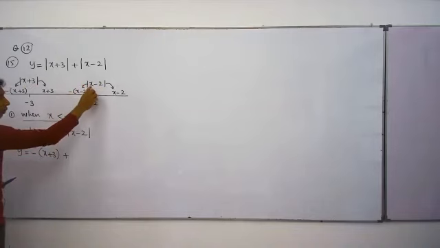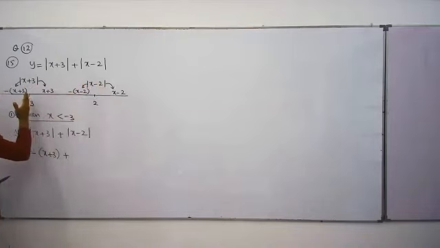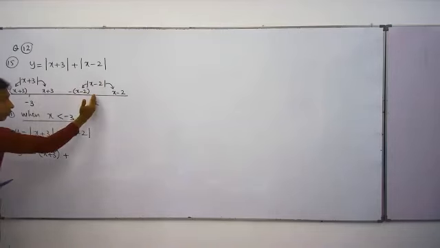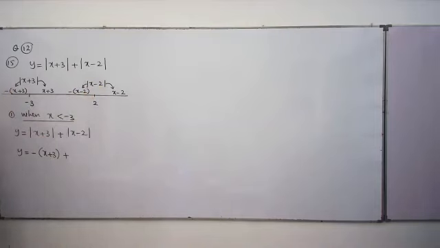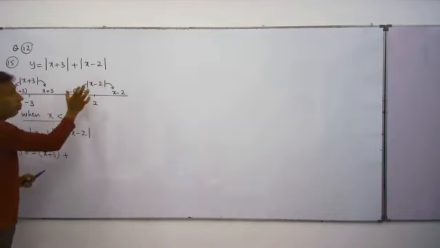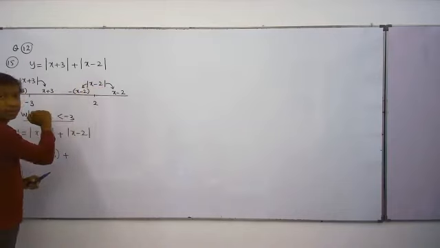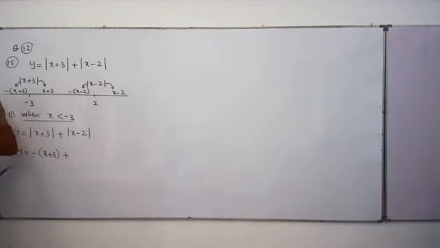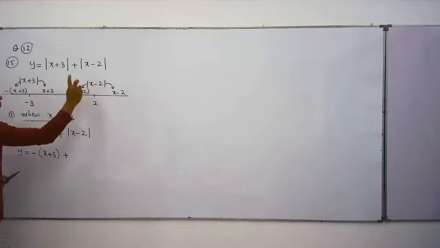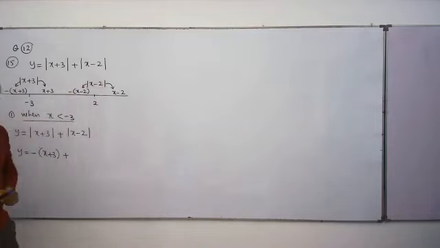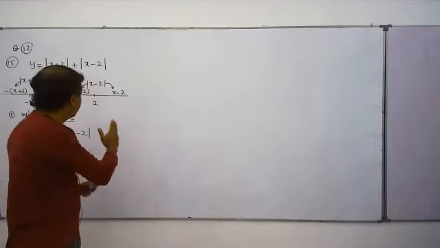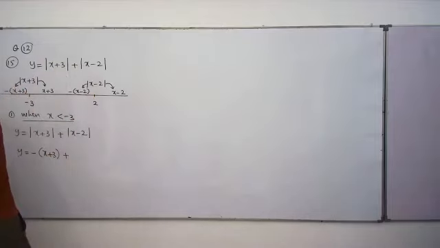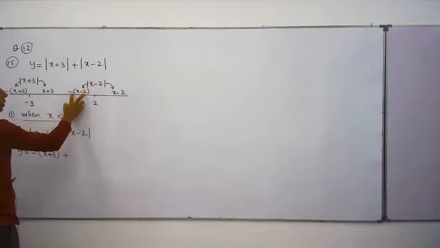But we need this value on the left of minus 3. On the left of 2, for all values up to negative infinity, mod x minus 2 takes this.